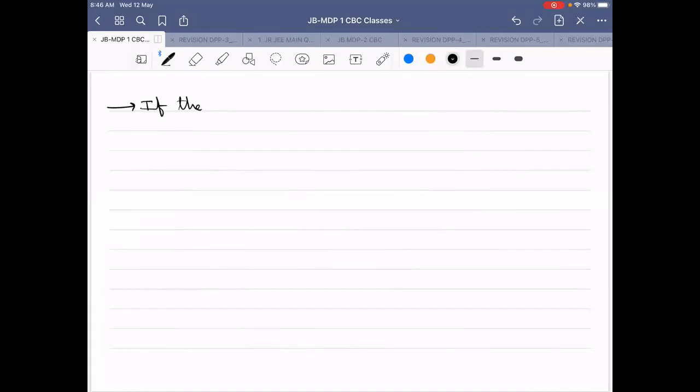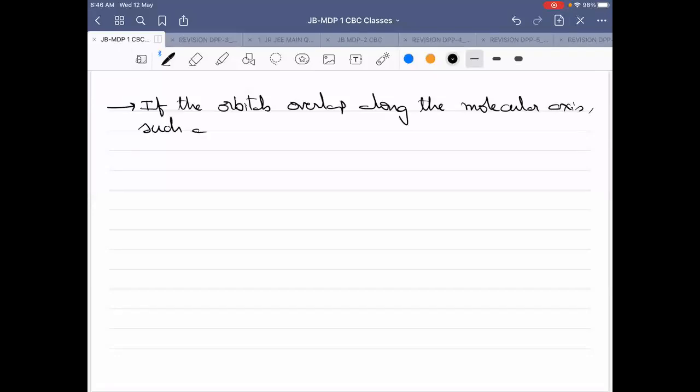If the orbitals overlap along the molecular axis, such a covalent bond formed is called a sigma covalent bond.